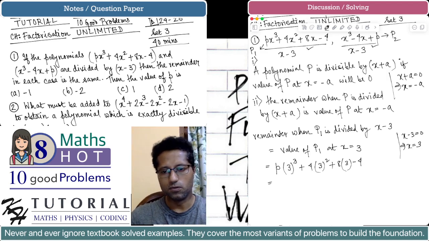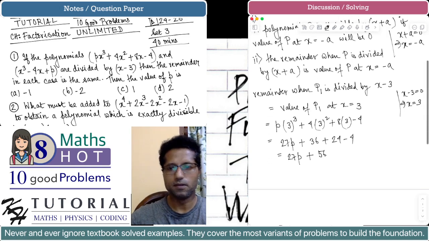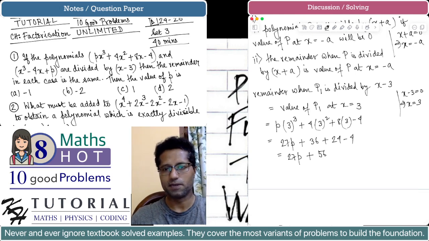So this is equal to 27p plus 4 into 9, 36, plus 24 minus 4. This is equal to 27p plus 56. This is the remainder when the first polynomial is divided by x minus 3.